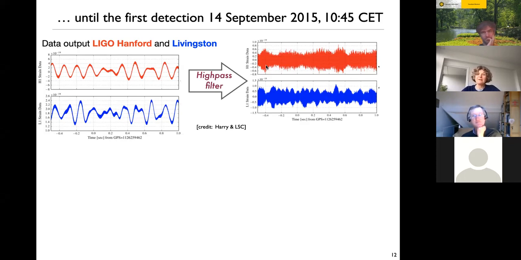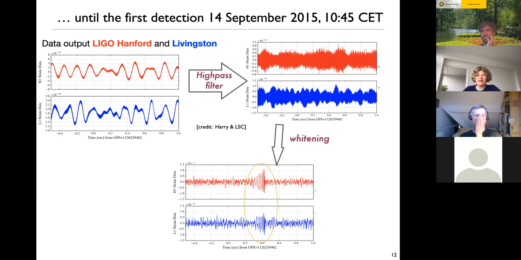But after some further conditioning of the data, which is a process kind of similar to when you try to tune into a radio station and you play with the equalizer knobs to try to get the best signal, it shows that there is clearly a feature in the data that stands out significantly above the average noise.